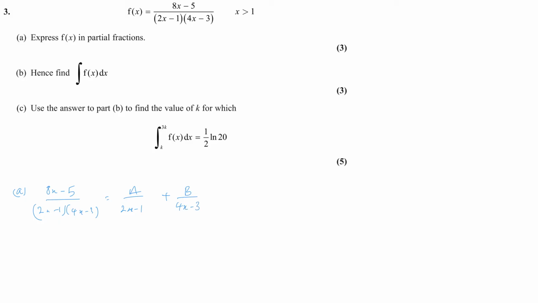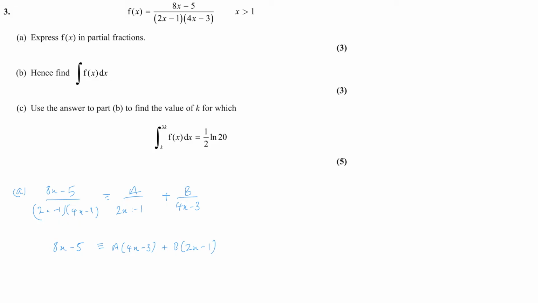Apologise for my handwriting today. I don't know what's going on. Okay, so we've got 8x minus 5 is equivalent to A times (4x minus 3) plus B times (2x minus 1).